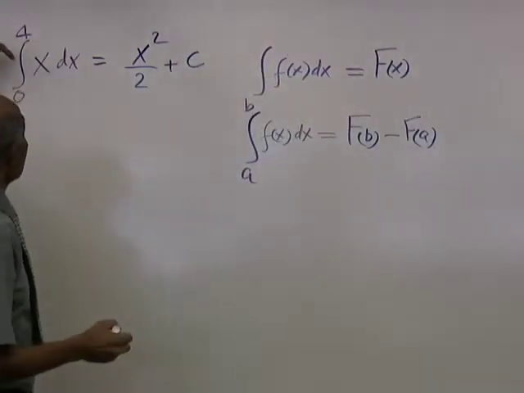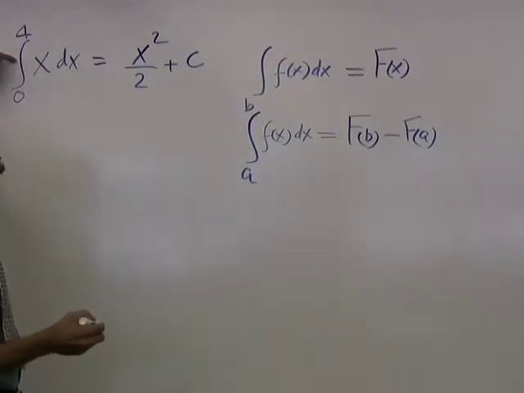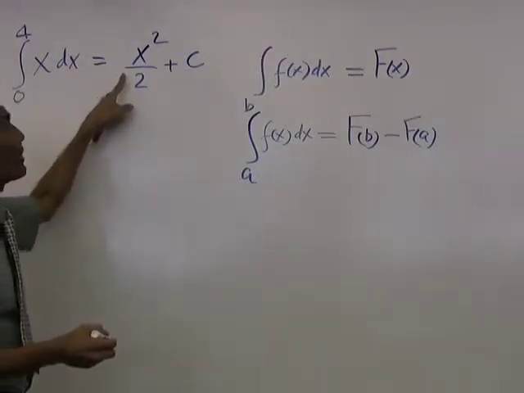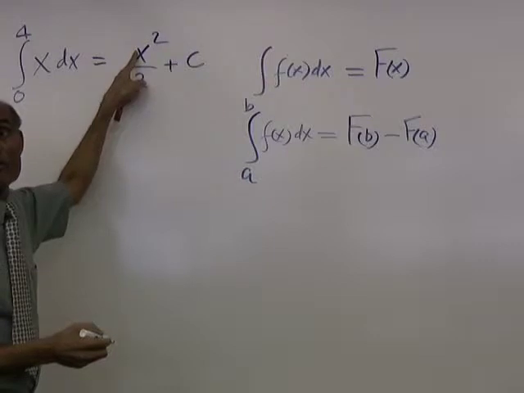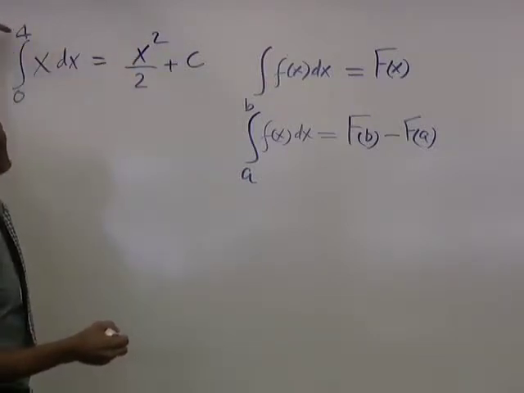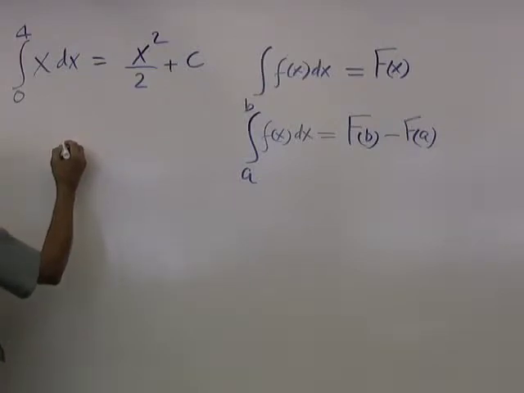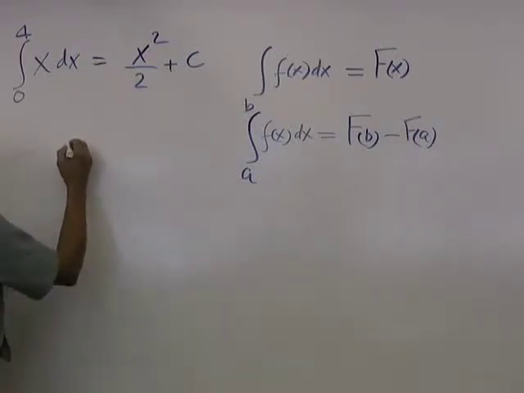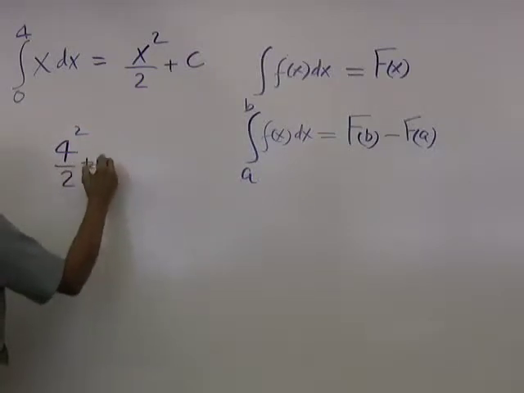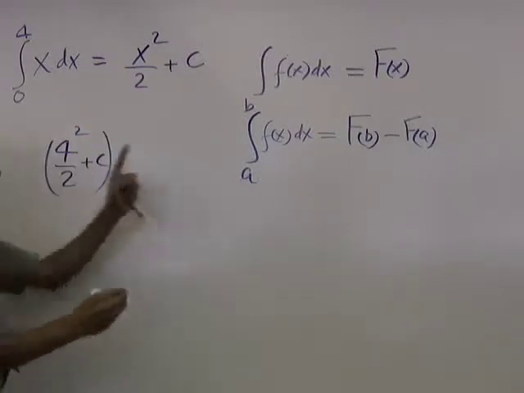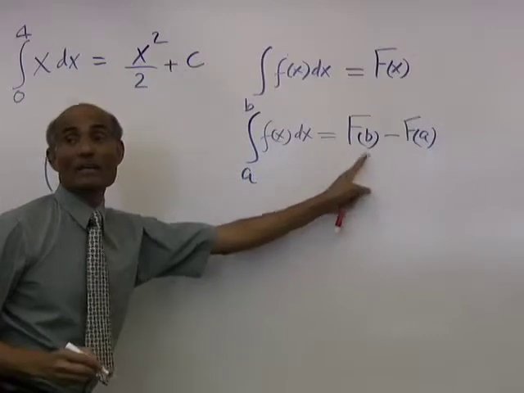So in order to find the value of this definite integral, what all we need to do is replace x by the upper limit first. So let's do that. That will be, replace x by 4: 4 squared divided by 2 plus c. That will be your F of b.